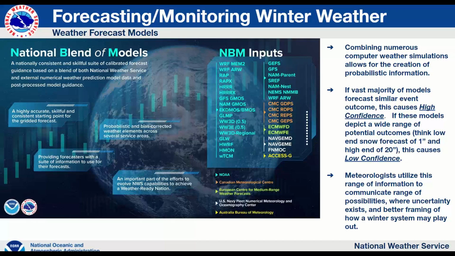Well, what we do is try to find where there's the most consensus and use this different information to help highlight the different ways that the forecast may differ from our base deterministic forecast. So we might say, hey, we're expecting 6 to 8 inches of snow in Pittsburgh, but here's what scenario may play out to cause that amount to change.